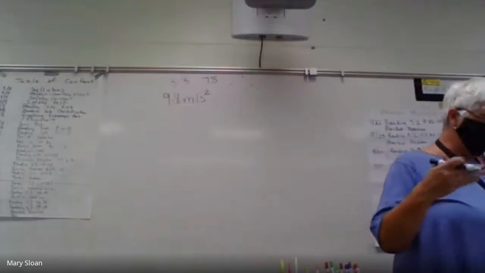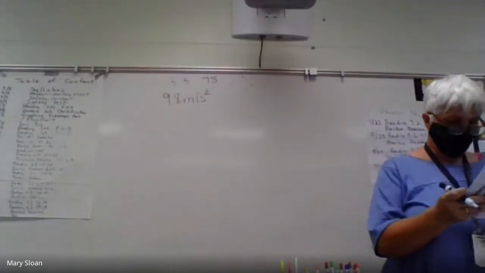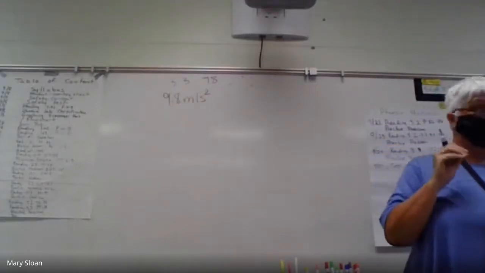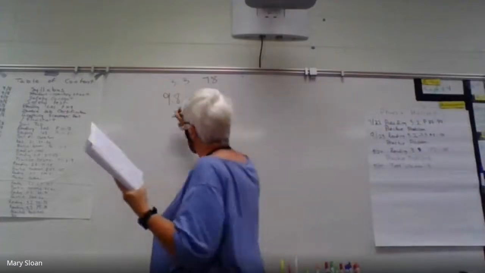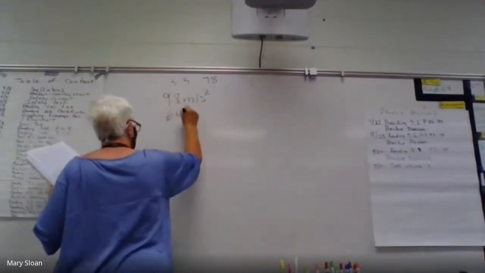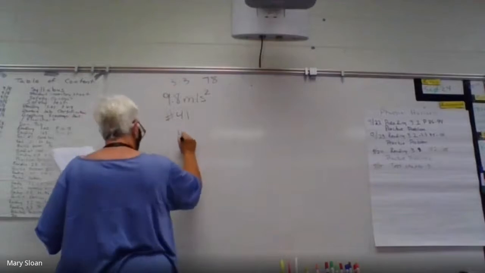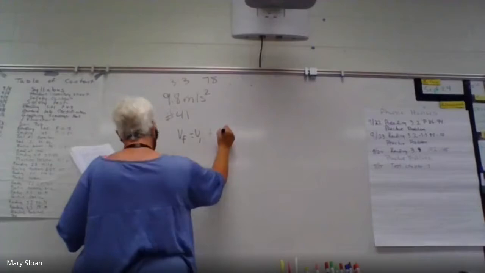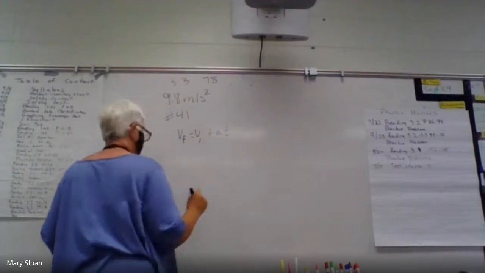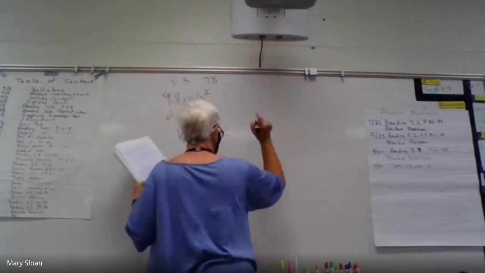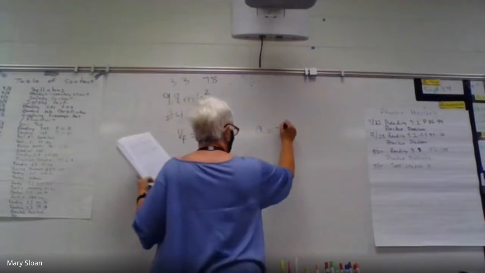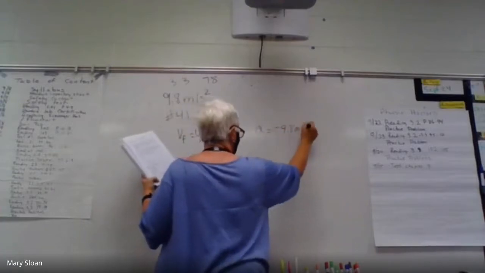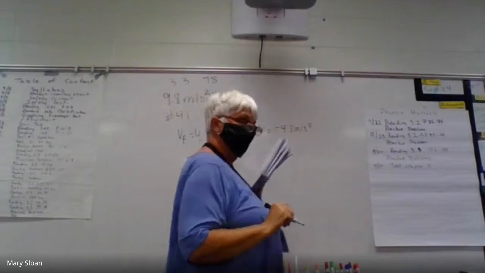So what I'm going to do is give you the formula. Okay? So maybe this is going to help. Number 41. I'll put it up here for you. Velocity final equals velocity initial plus acceleration times time. Your acceleration during this time is going to be 9.8 meters per second squared. Okay?